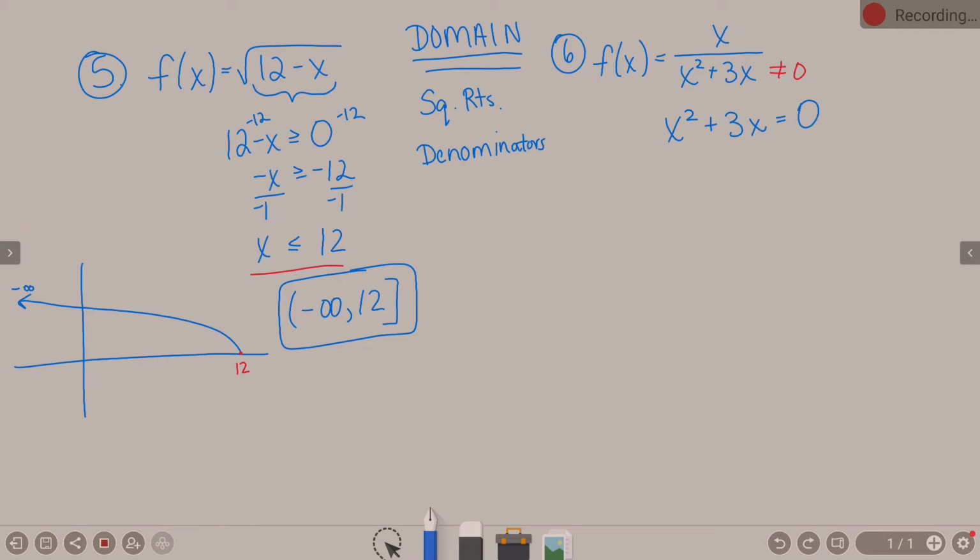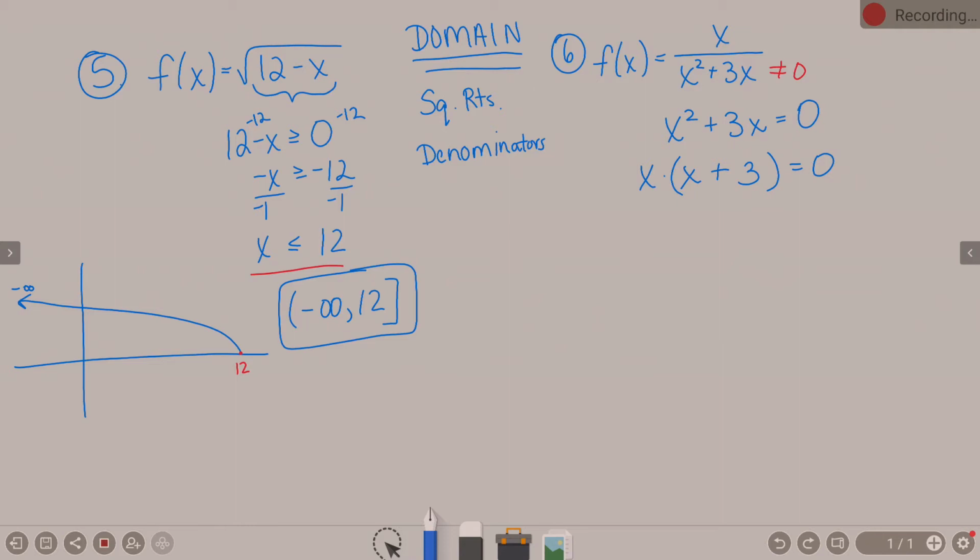Yeah, there's a GCF of x. Okay, so we can factor out GCF of x. Remember, put the x out front. X squared divided by x leaves me with x, plus 3x divided by x leaves me with 3. So x times (x plus 3) equals 0.